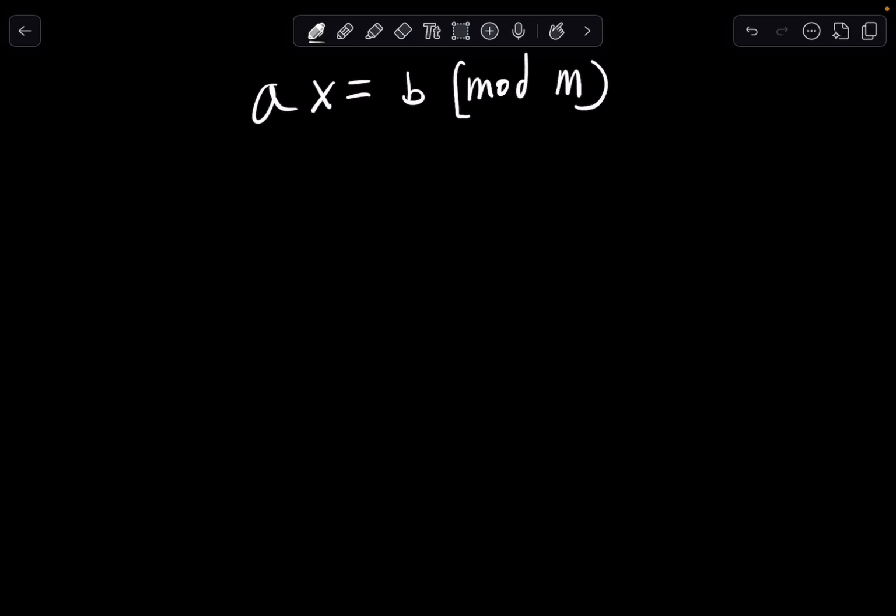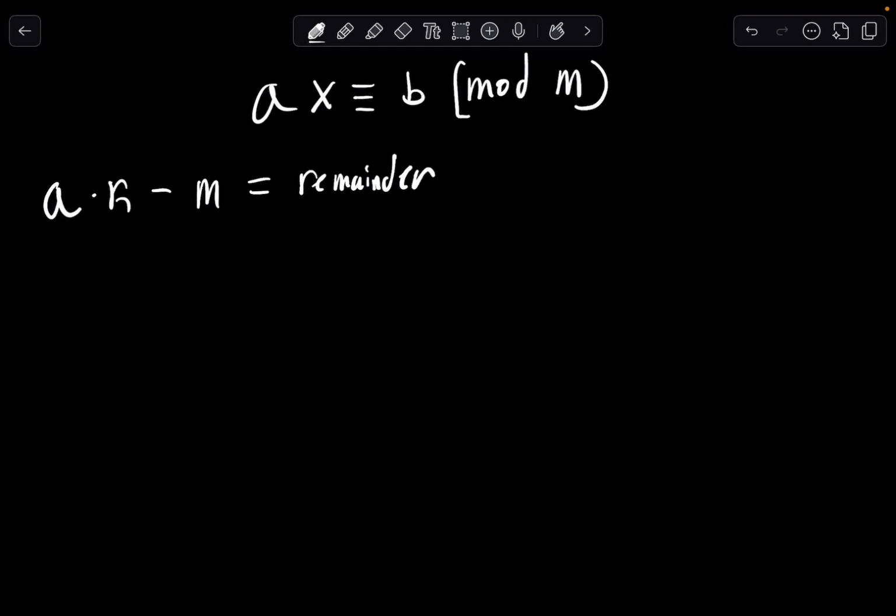If we look at this linear congruence, one way to start to find remainders is to take whatever A is times some integer K, minus M, which will give you a remainder.